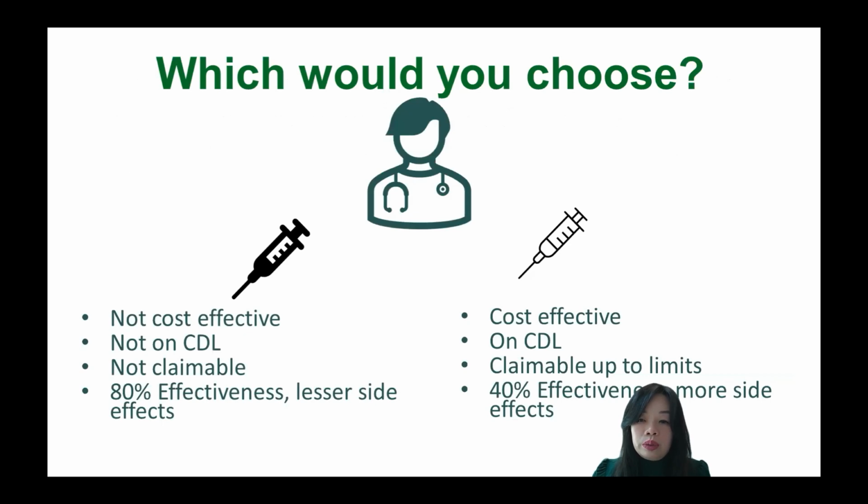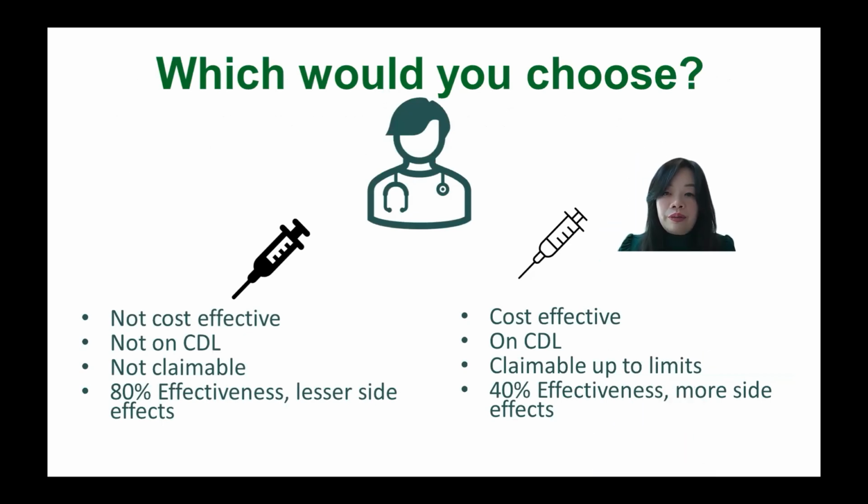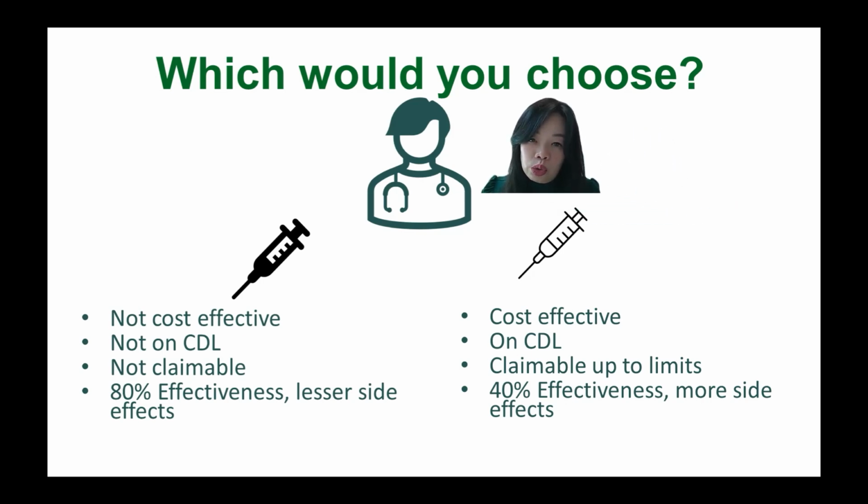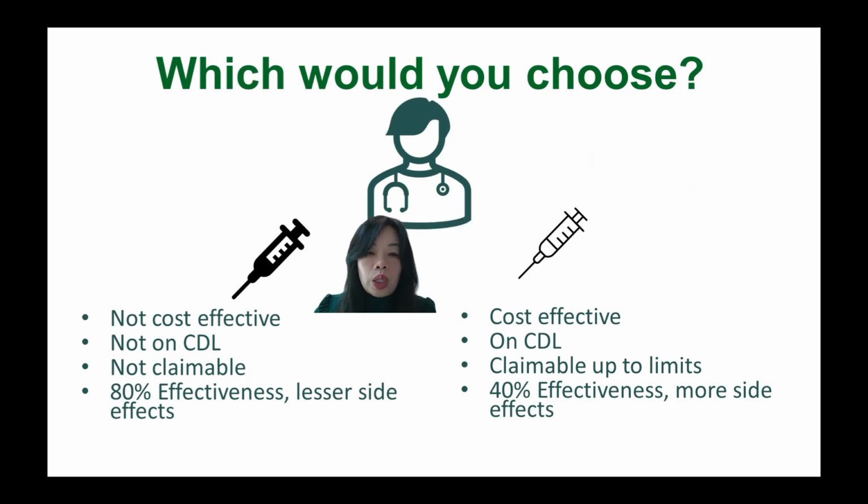So I just want to ask you this very important question. Assuming, touch wood, you're diagnosed with cancer and the doctor presents to you a solution, saying that because of your condition, there are actually 2 drugs available. One of the drugs is not cost effective, therefore it is not on the CDL and will not be claimable.